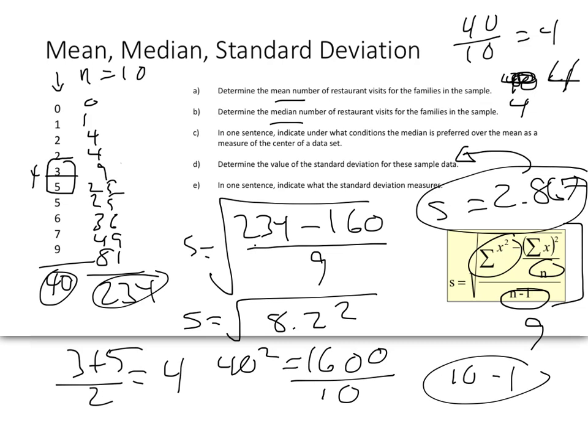So without that, if we said s squared, that would be the variance. So the variance is 8.22. And then our standard deviation is 2.867 restaurant visits. So we could say our mean was 4 plus or minus 2.867, or 2.87, restaurant visits.